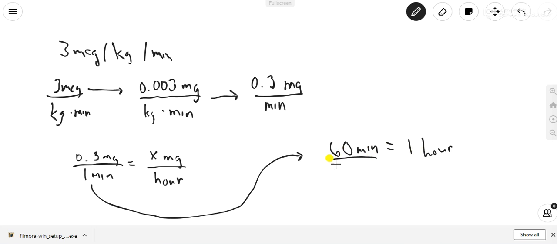So if I divide both sides by 60, then I'm left with 1 on this side and 1 hour compared to 60 minutes on this side.